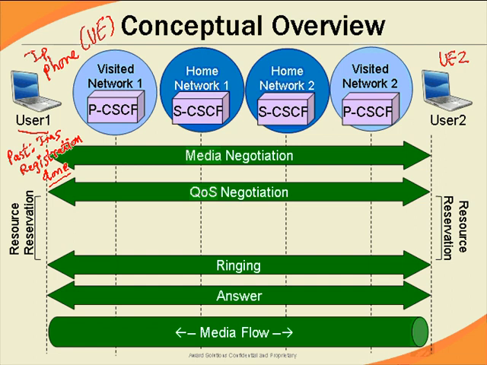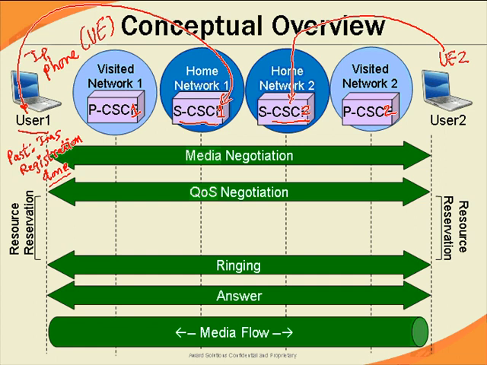As part of the attach operation, the UE knows about the proxy. Okay, so that's all the prerequisites done. So this serving CSCF is taking care of this user. Similarly, the other UE is controlled by serving CSCF number 2. So UE1 is known to serving CSCF1 and proxy number 1, and UE2 knows about proxy and serving CSCF number 2. So that's all done in the past.